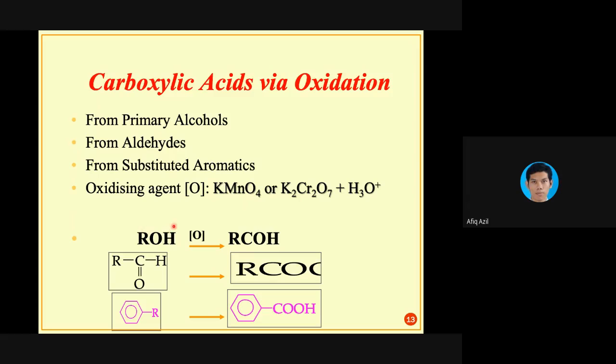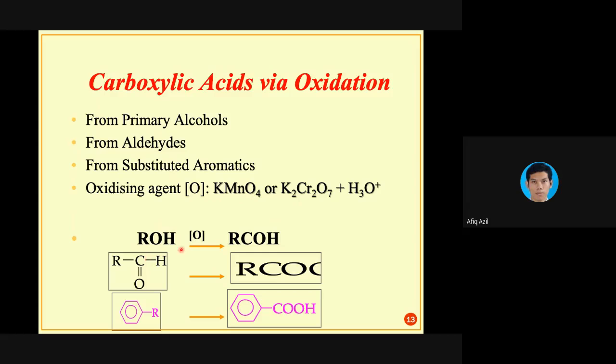So here, for example, from primary alcohol, remember it must be primary. That means the C that is bonded to OH is only bonded to one other carbon. Then it will form RCOOH. Sorry, typo over here. We have RCOOH. Or you can also have an aldehyde.